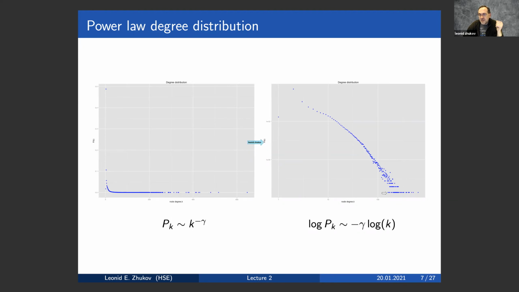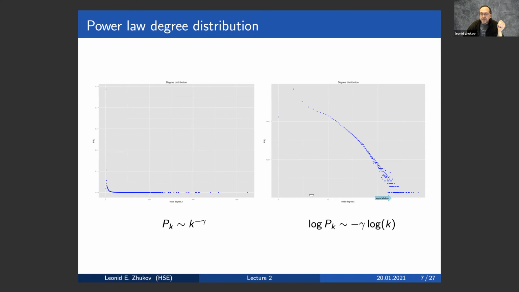So what this means is that we have literally one node with degree, I don't know, 120, and another node with degree 140, and then one node with degree somewhere close to 200, probably 170. And then we have 2 nodes with some degree, and also 2 nodes with a little bit higher degree, et cetera. So when you plot this type of data, that's what it looks like.